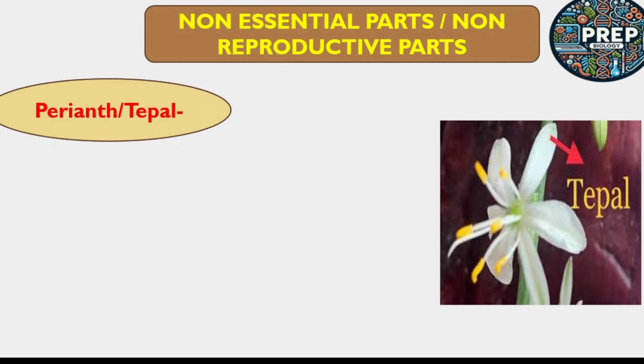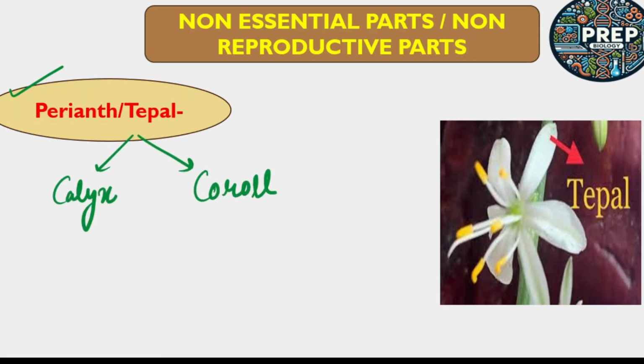Now, one very important term we have is the perianth. Perianth or tepal. This is the non-essential part. Is it clear? So what is the perianth? The perianth is made up of calyx and corolla.